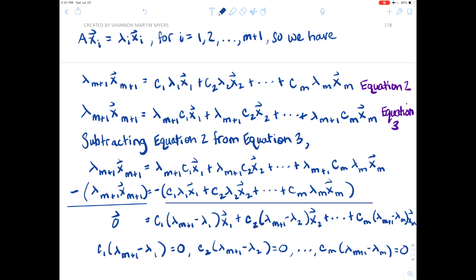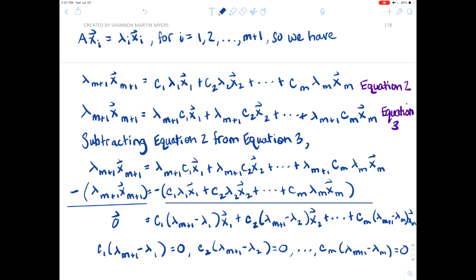But, okay, what do we know about the eigenvalues? The eigenvalues are all distinct, right?